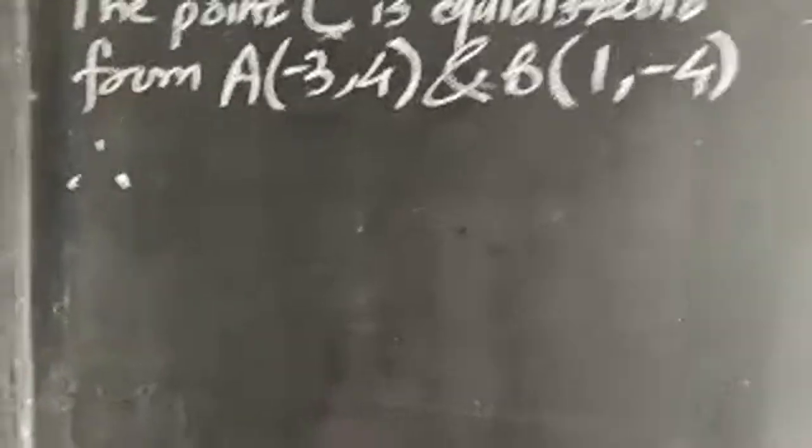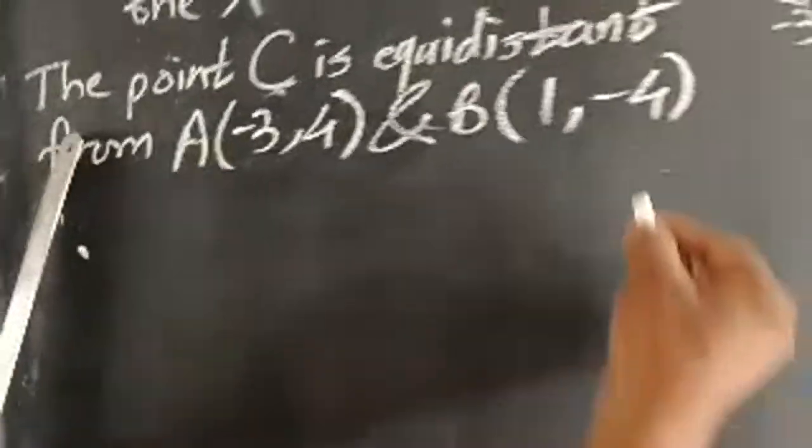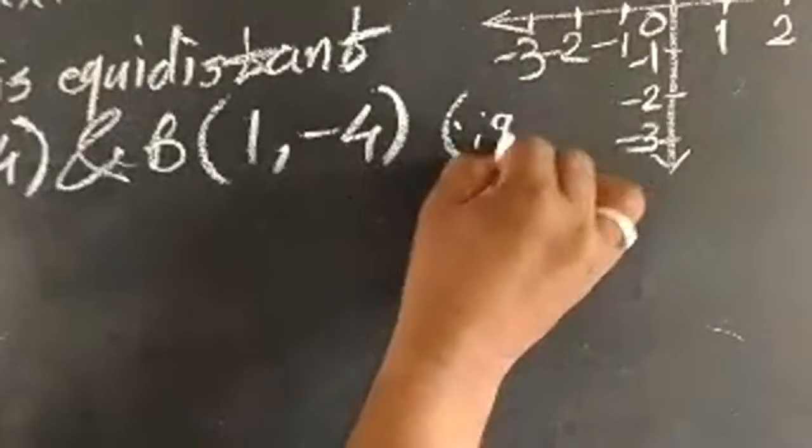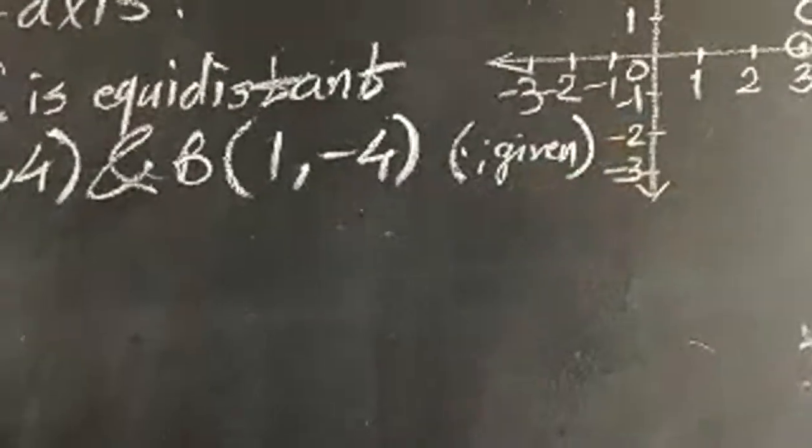Therefore, this sentence is given. In bracket we write this is given.